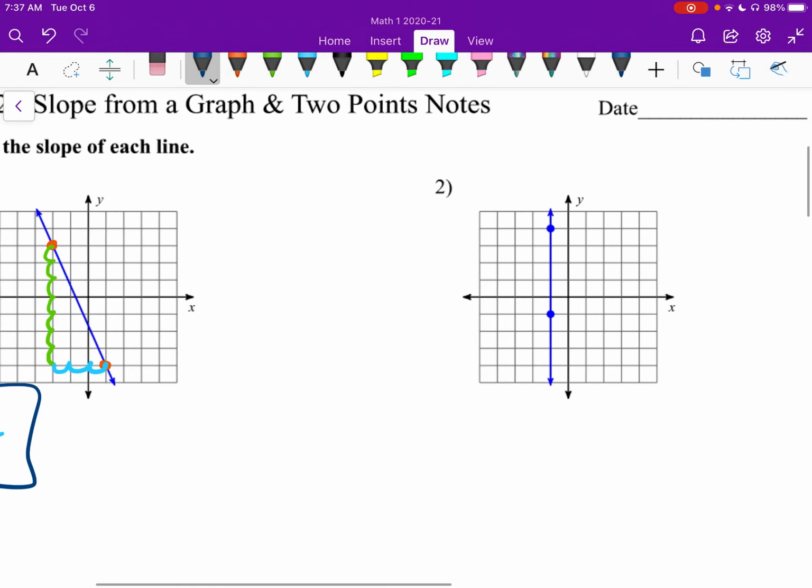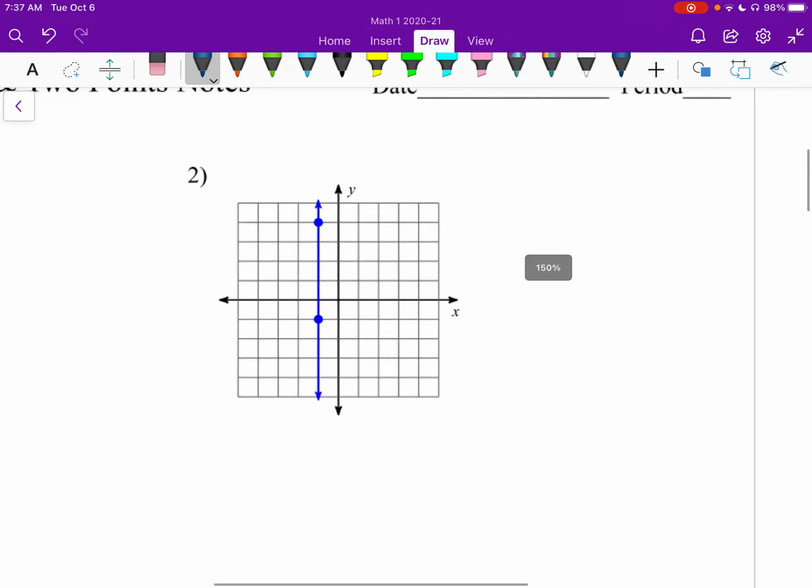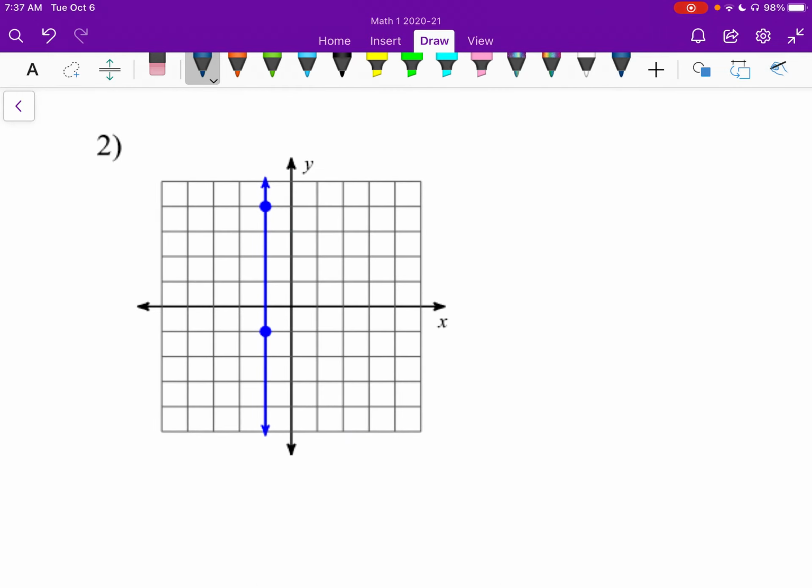All right, let's look at number 2. So number 2 is one of those weird ones. Whenever you have a vertical line, this is a special case scenario. A vertical line where there is no run, right? We could say, well, to get from up here, we'd count down 1, 2, 3, 4, 5. So we went down -5 or down 5. And the run, well, it didn't go left to right, so it's 0.